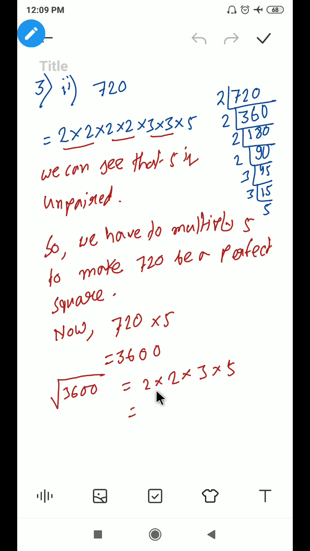So 2 times 2 is 4, 4 times 3 is 12, 12 times 5 is 60. Therefore the required square root is 60.